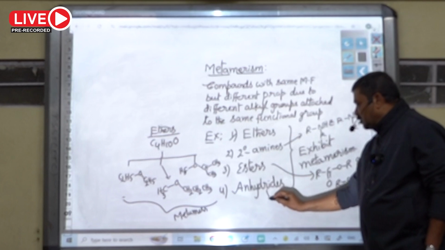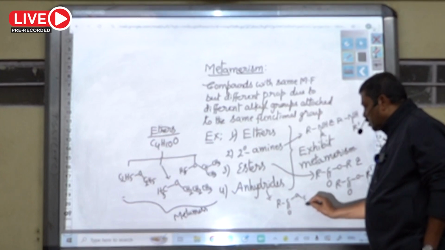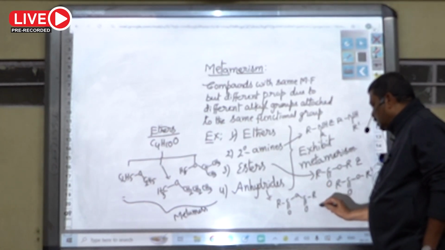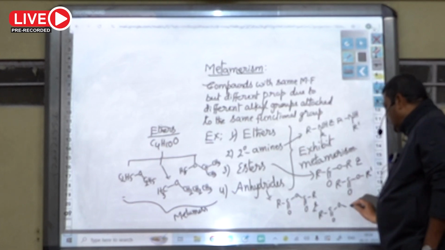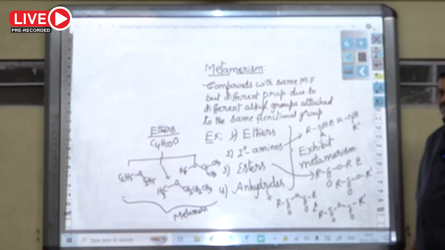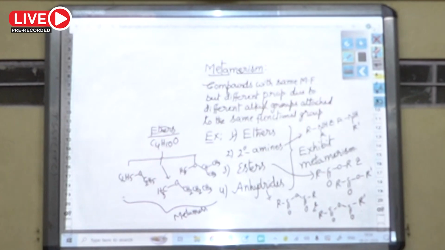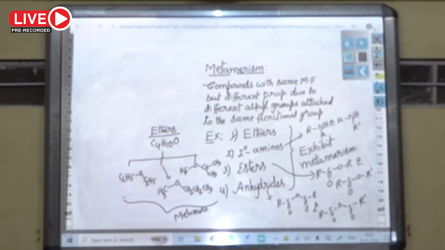If you want to write anhydrides: RCOOCOR and RCOOCOR'. R can be any alkyl group. So how to represent the metamers of secondary amines? They can be in the form of RNHR or RNHR', where R and R' are different. Like that.